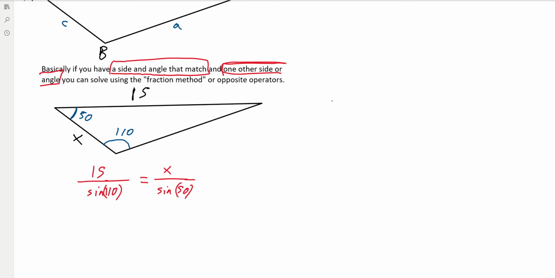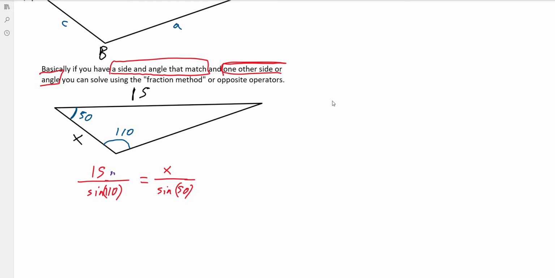Now at this point we can actually use something I call the fraction method, which is basically you always want to start with your x on top. The other way you can think about it, and this is probably the better way, is opposite operators. So here you're just recognizing, well, sine 50 is on the bottom of a fraction. It's a division. And so to move it over, we have to multiply by sine 50 on both sides of our fraction.